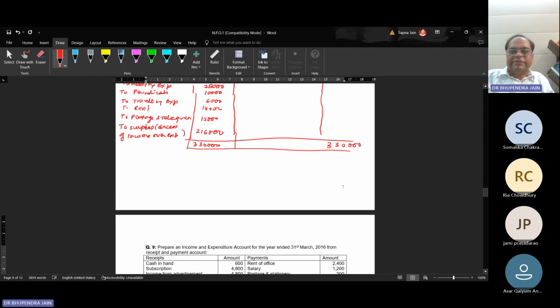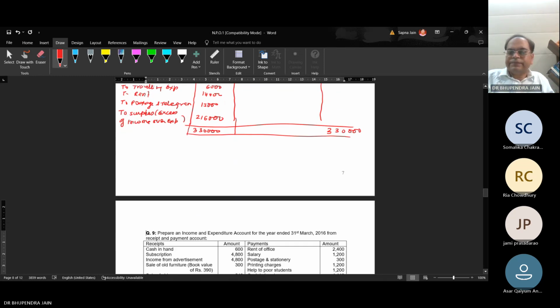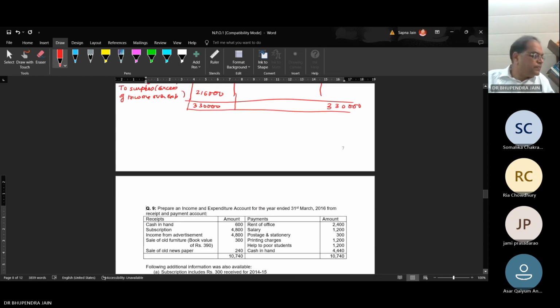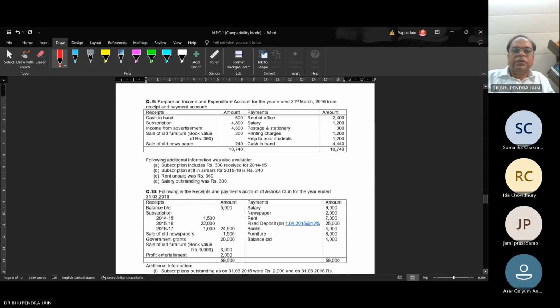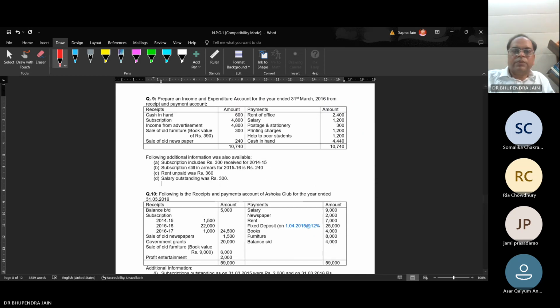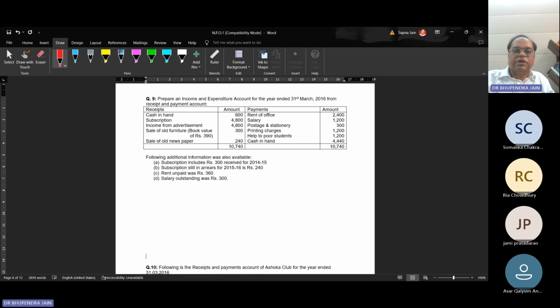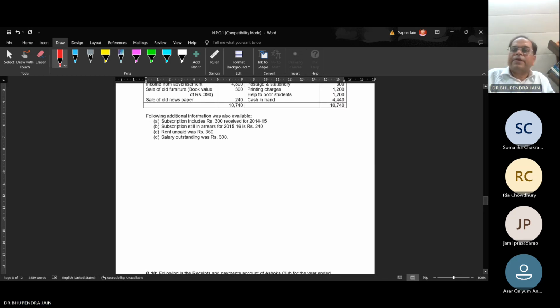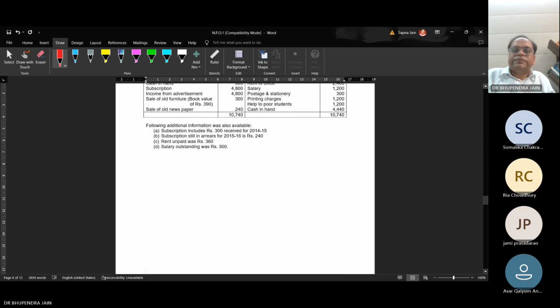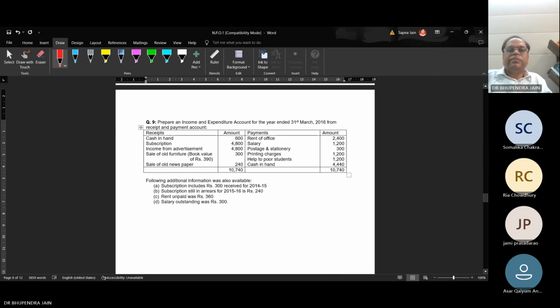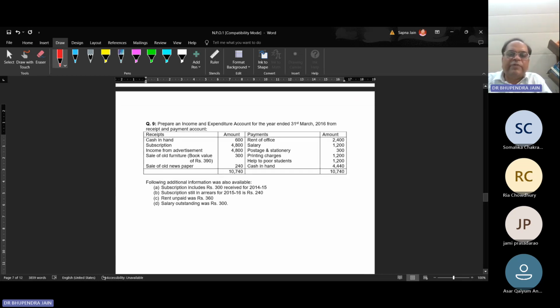Now question number 9. Prepare an income and expenditure account for the year ended 31st March 2016 from the receipts and payments account. Clear? The receipts and payments account is given, and adjustments 4 and 5 are given.